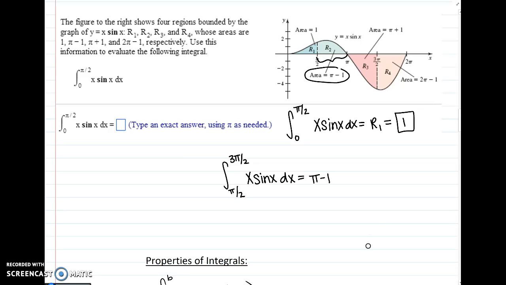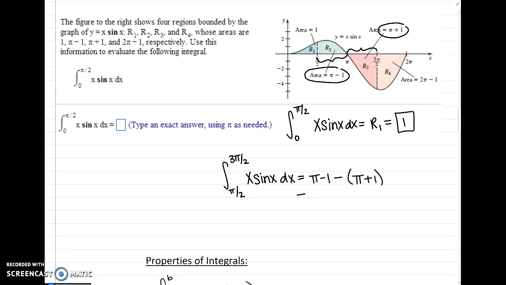Do you guys see that right here? And then from pi to 3 pi over 2, I have the region R3, but that region is below the x-axis, and that means something to us. So we have to subtract this region right here, minus pi plus 1.